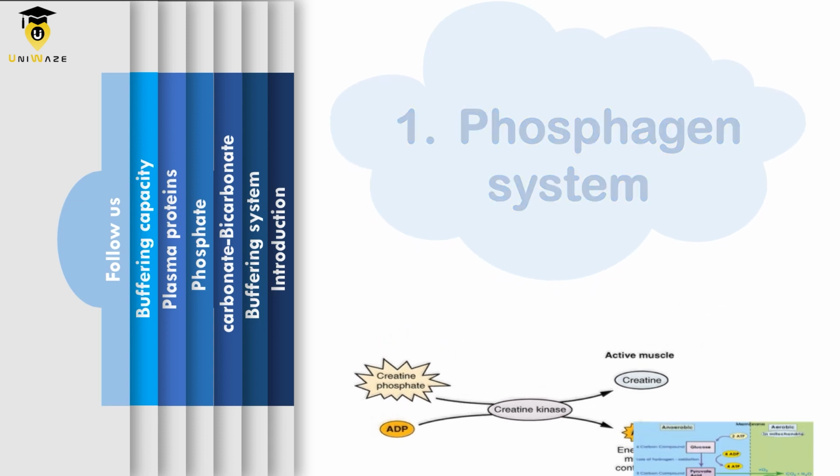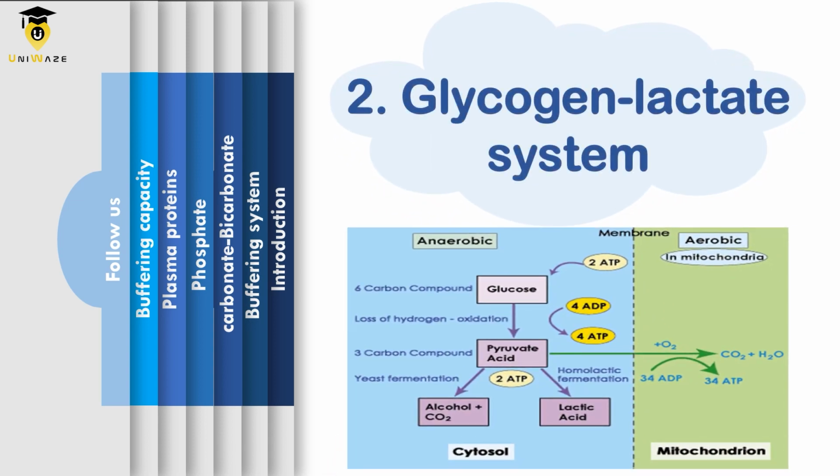Number 2, glycogen-lactate system, which is anaerobic glycolysis, is the transformation of glucose to lactate when limited amounts of oxygen are available. Anaerobic glycolysis is an effective means of energy production only during short, intense exercise, providing energy for a period ranging from 10 seconds to 2 minutes.